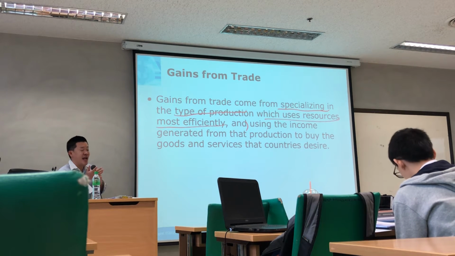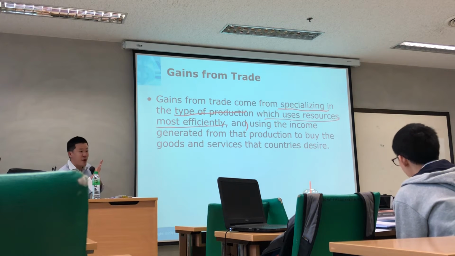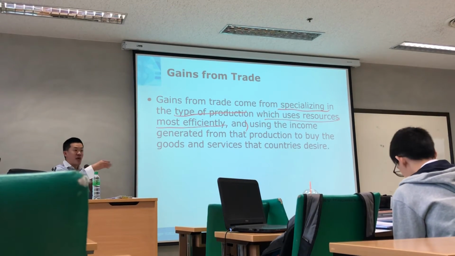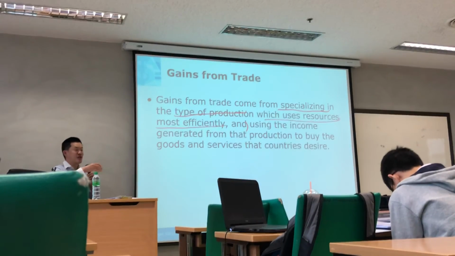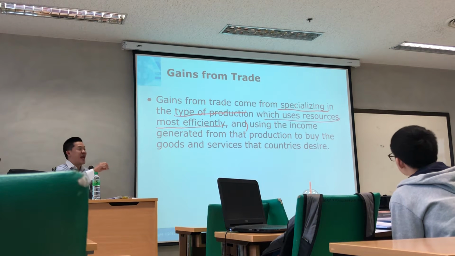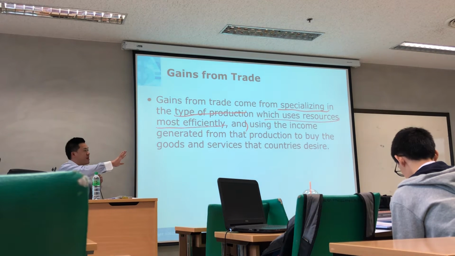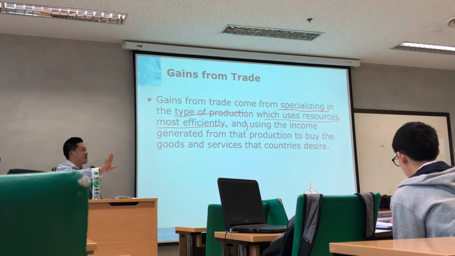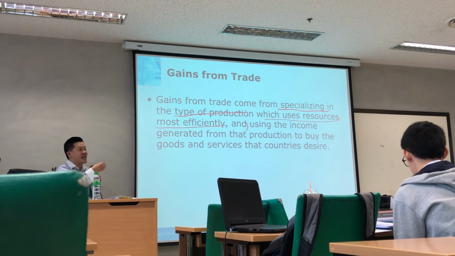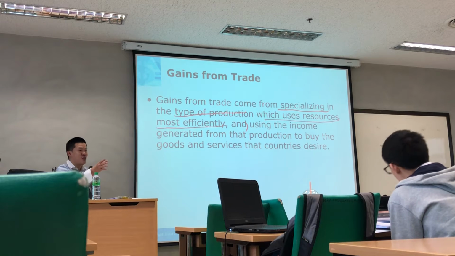Before trade, home produces both. Home has to allocate labor to produce both cheese and wine by itself, and foreign also has to allocate labor to produce both cheese and wine by itself. But after trade, home specializes in cheese, foreign specializes in wine.